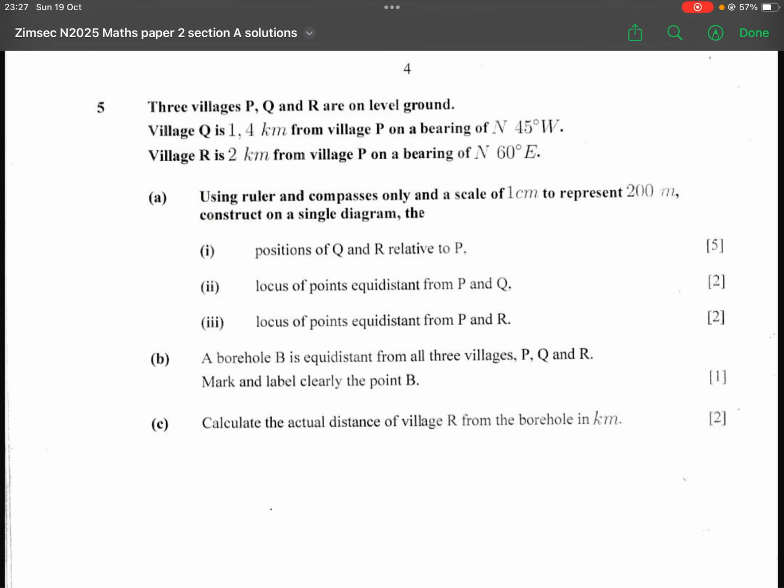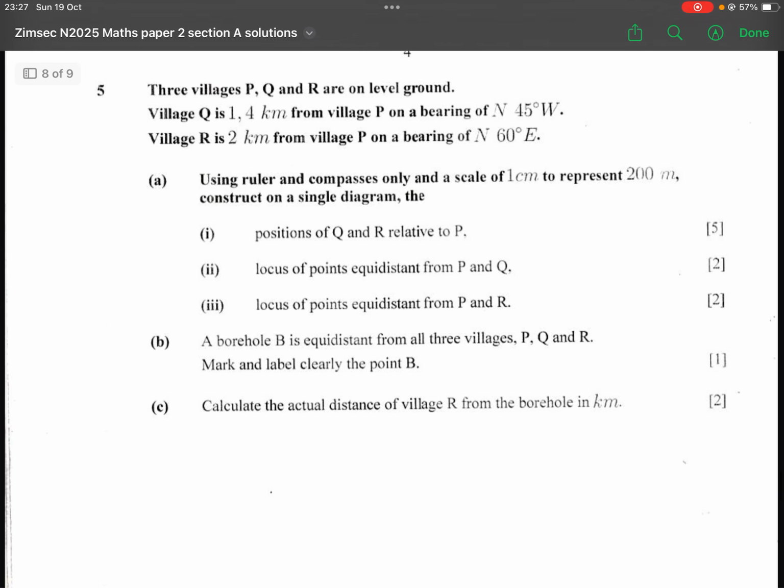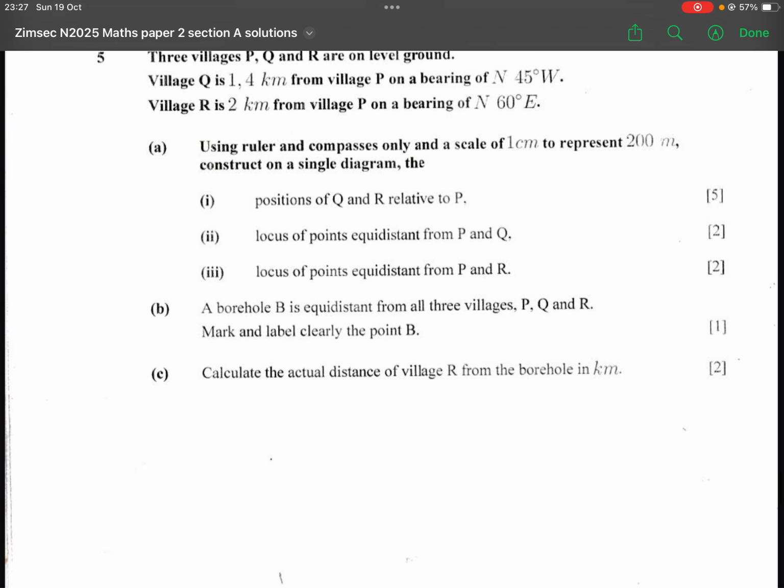So it is very important to sketch a rough diagram that you are going to use to draw the actual diagram, right? So if we are saying north 45 degrees west, it means that first of all, we need to look at the north. We measure 45 degrees towards the west. And you need to understand the scale that is provided.